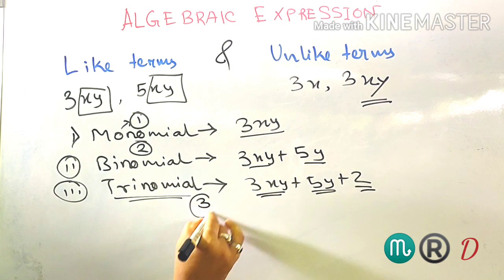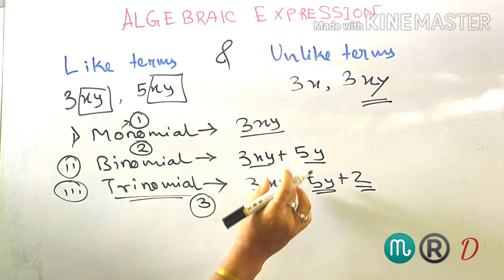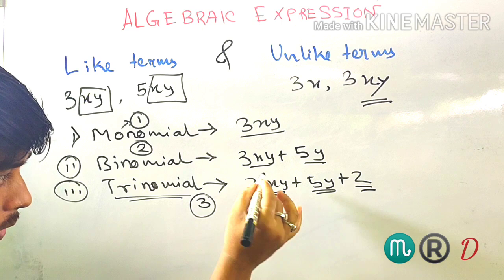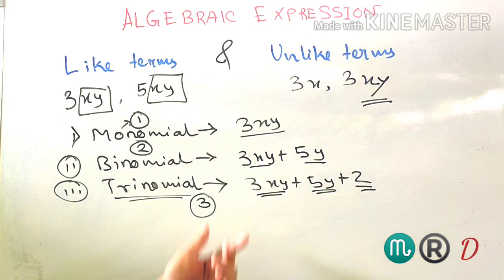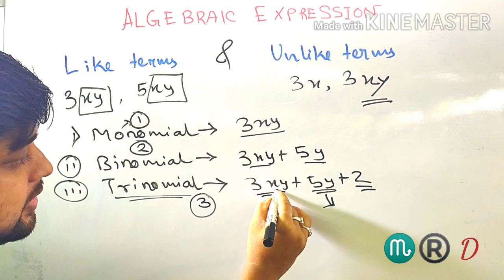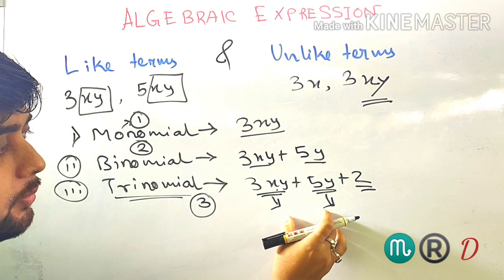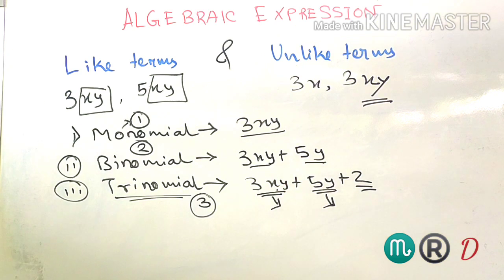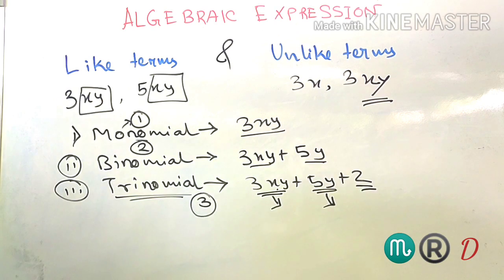In a trinomial, three terms should be there, and each different term should be unlike. Here it is xy, here it is y, both are unlike. Three different unlike terms are said to be a trinomial. Two different unlike terms combined together are said to be a binomial, and if only one term is there, it is said to be a monomial.